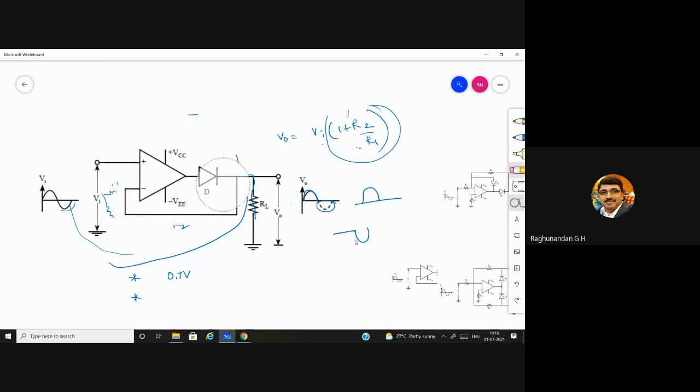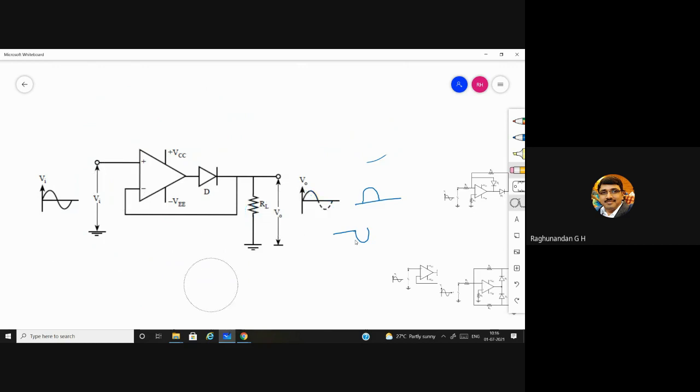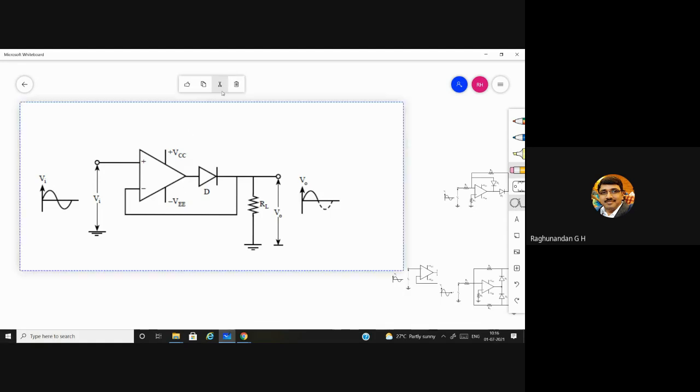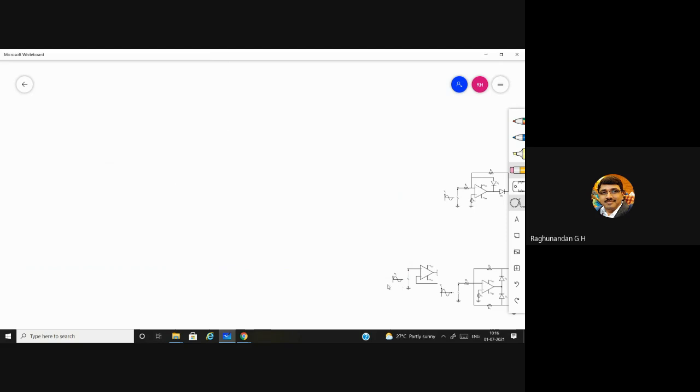In this, if I want to add some gain, I don't want only the rectification process to happen. I even want an amplification process to happen. So during that time, we'll go with this circuit.